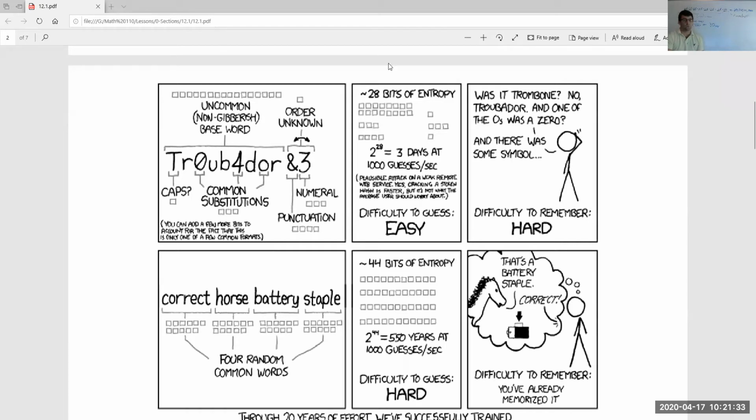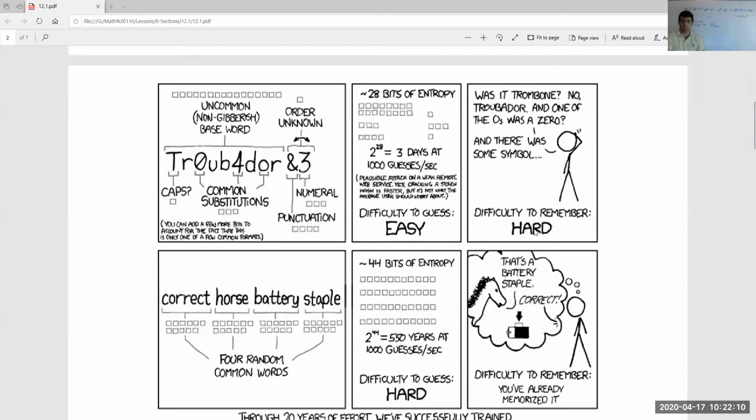This is an older comic, but if you just have some random assortment of numbers and letters, not even the simple ones like we had a second ago, but very randomized, there's some higher level sciencey talking about bits of entropy of information. But the thing to take away is at 1,000 guesses per second, it would take about 3 days to guess this ridiculous password.